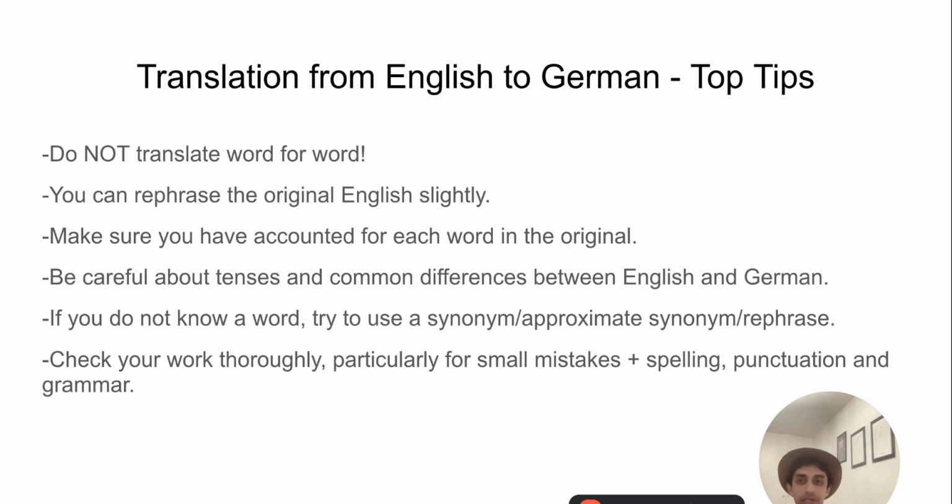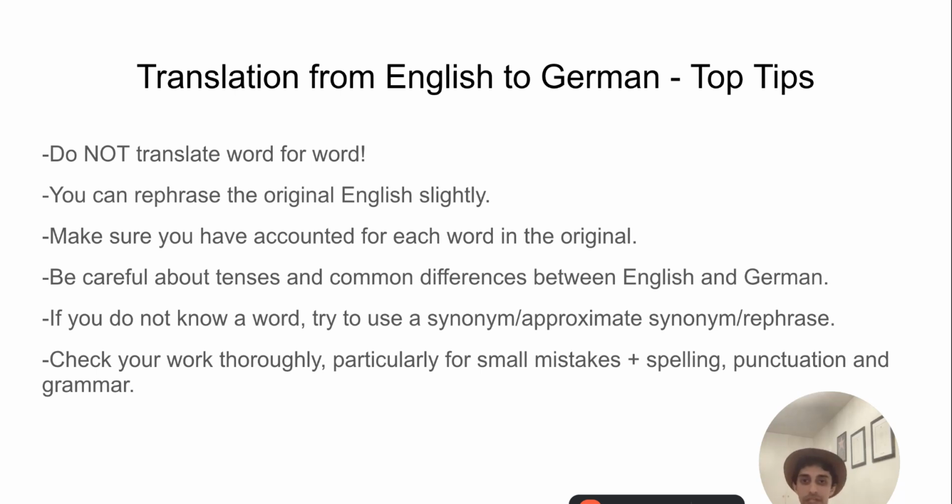So you can rephrase the original English slightly. You don't have to stick exactly to what that English says. As we'll see, it's likely to be more natural to perhaps rephrase things slightly when you're translating into German.